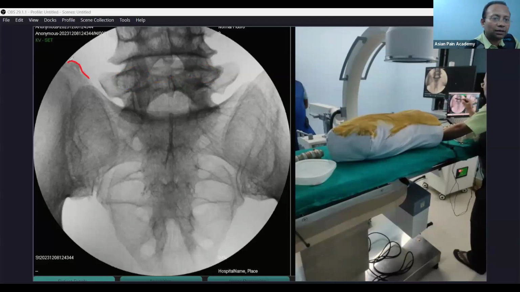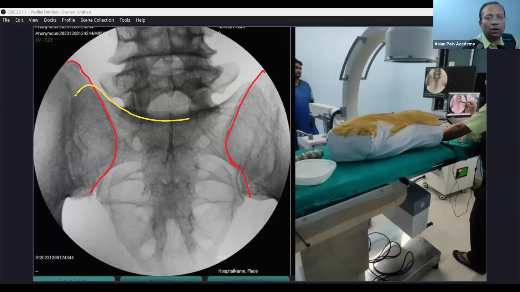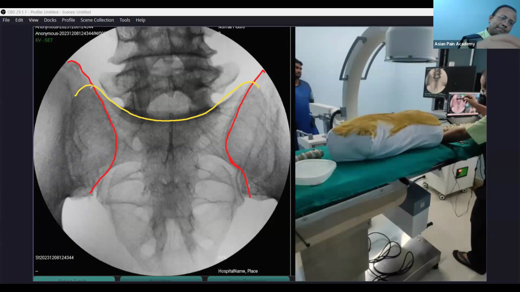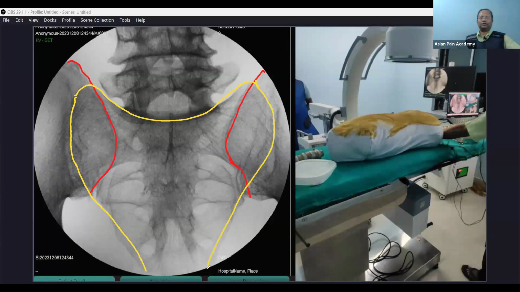So this is the ilium. This is the ilium. Okay, now where is the sacrum? So this is the sacrum.